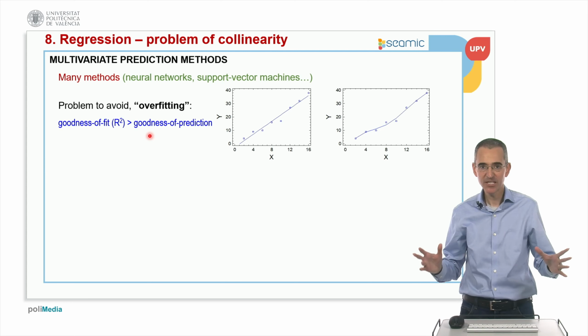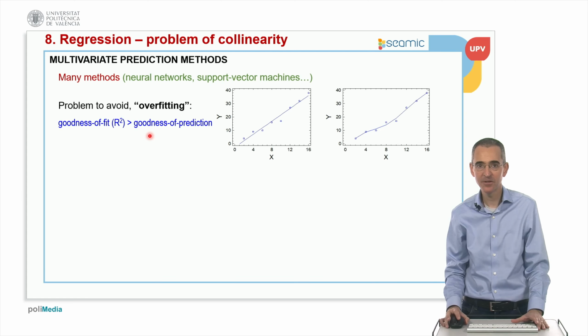Okay, I'm going to explain the problem of overfitting with this case. Imagine that we have one y, which is a function of one x, and here we find a linear correlation. What happens if I fit the y as a function of x squared, x cubed, x to the fourth, and so on?